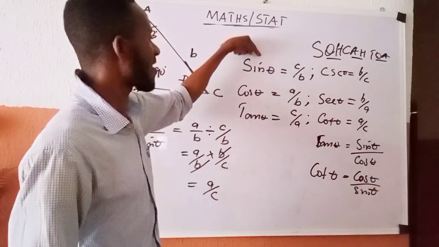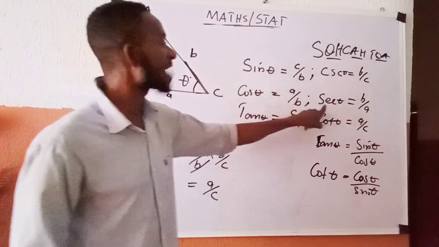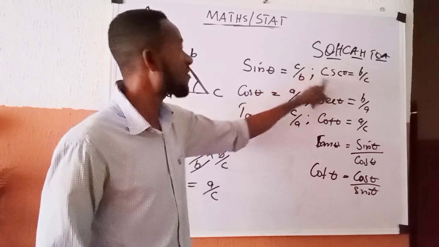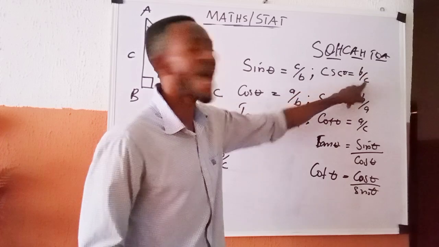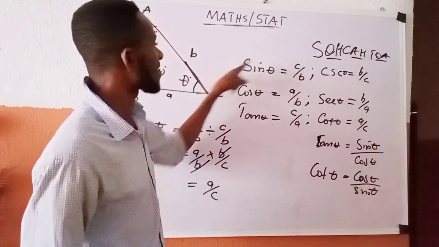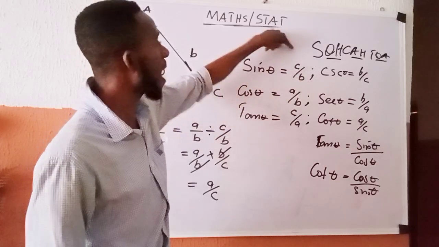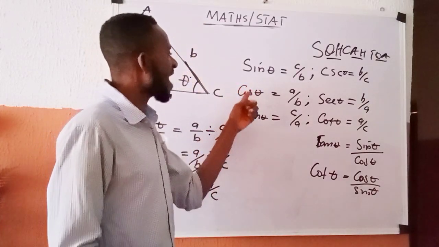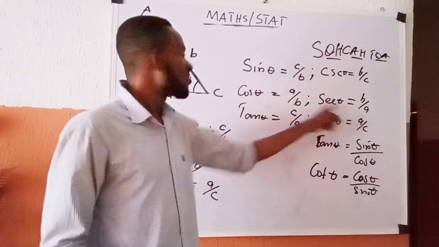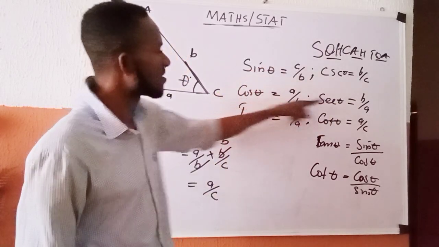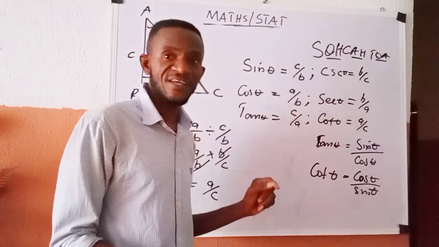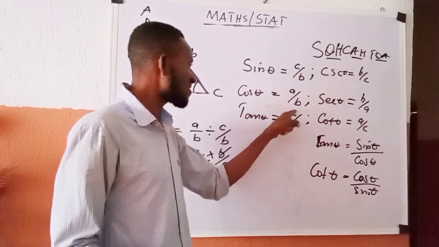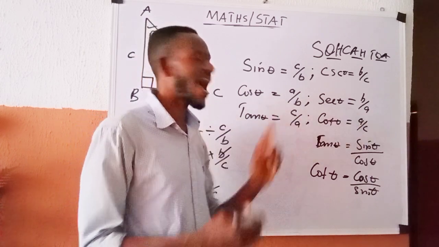We said that 1 over sin theta is known as cosec theta, given as B over C. Inasmuch as we are talking about 1 over something, and sin theta is C over B, 1 over C over B gives B over C. We said 1 over cos theta is sec theta, so 1 over A over B gives B over A. And 1 over tan theta gives us cot theta: 1 over C over A gives A over C.